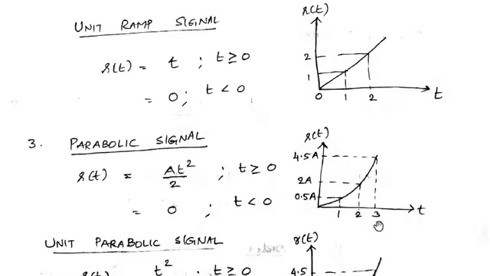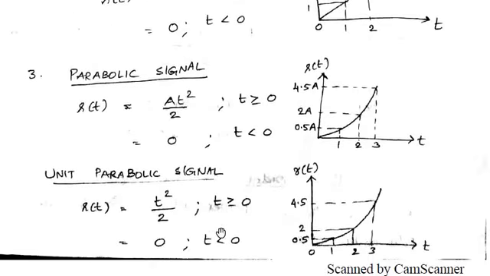When t equal to 2, you just need to substitute the value of t in the equation A t square by 2, so we get r of t equal to 2A, and for t equal to 3, r of t equal to 4.5A. Unit parabolic means r of t equal to t square by 2.